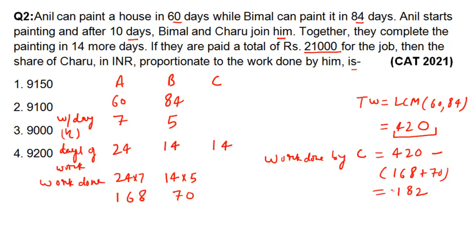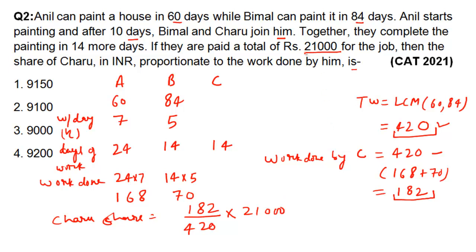So we got the work done by Charu is 182 out of 420. So the Charu share can be calculated. So Charu share should be work done by Charu, which is 182, divided by total work, which was 420, multiplied by total amount, which is 21,000.